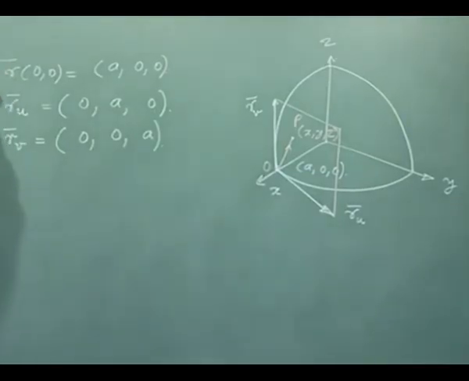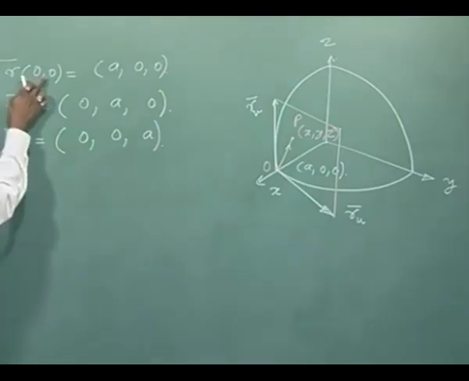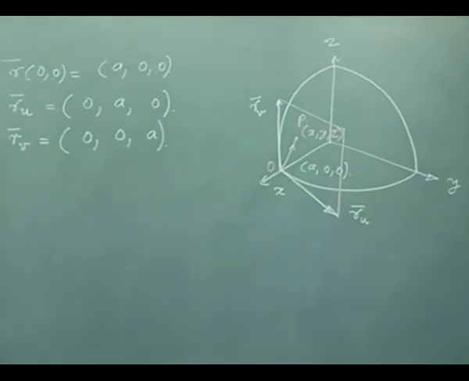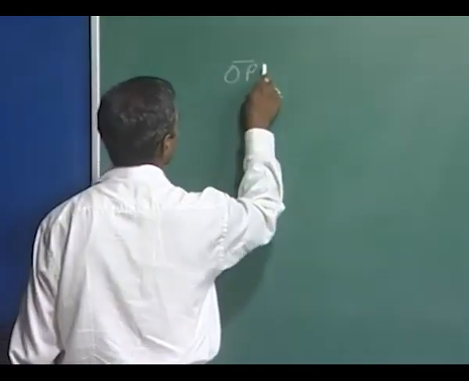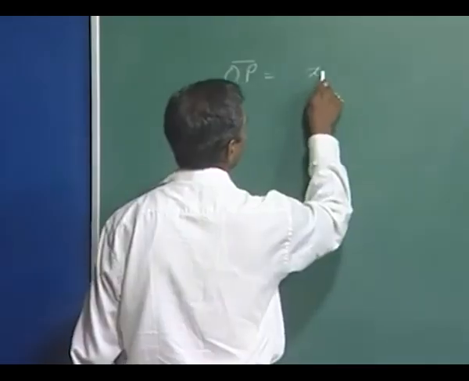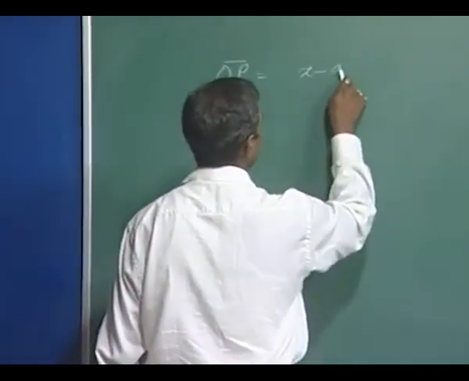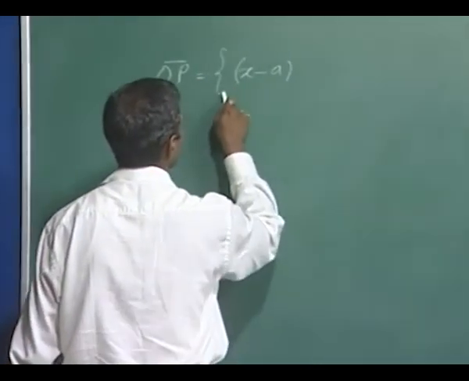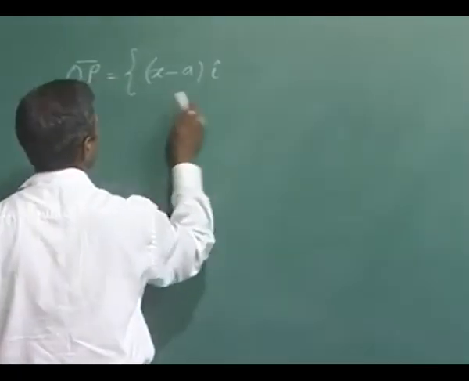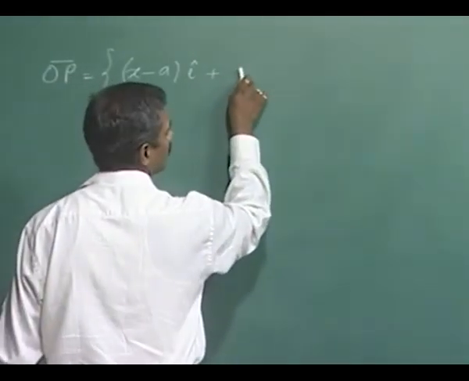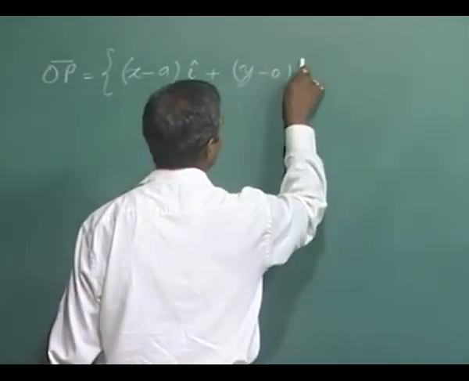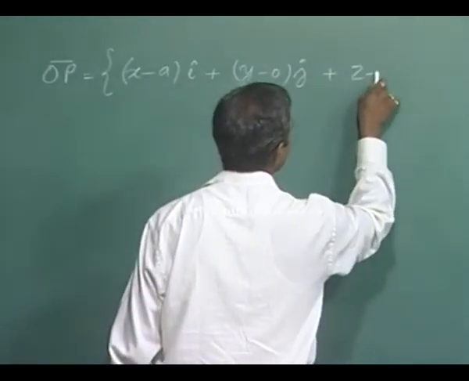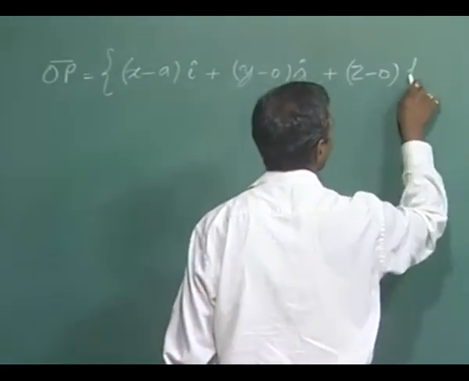And the coordinates of O are given by (a,0,0). So the free vector OP is given as x minus a i plus y minus 0 j plus z minus 0 k.